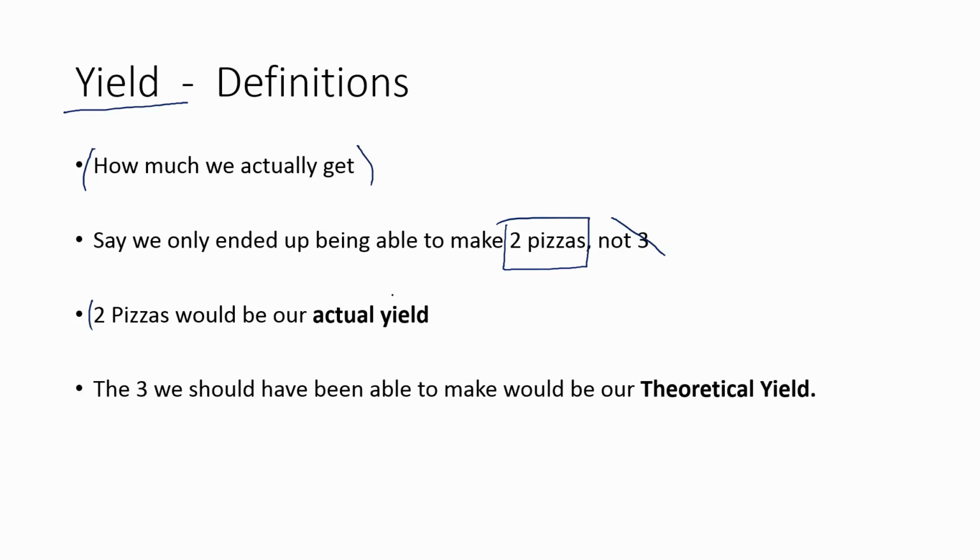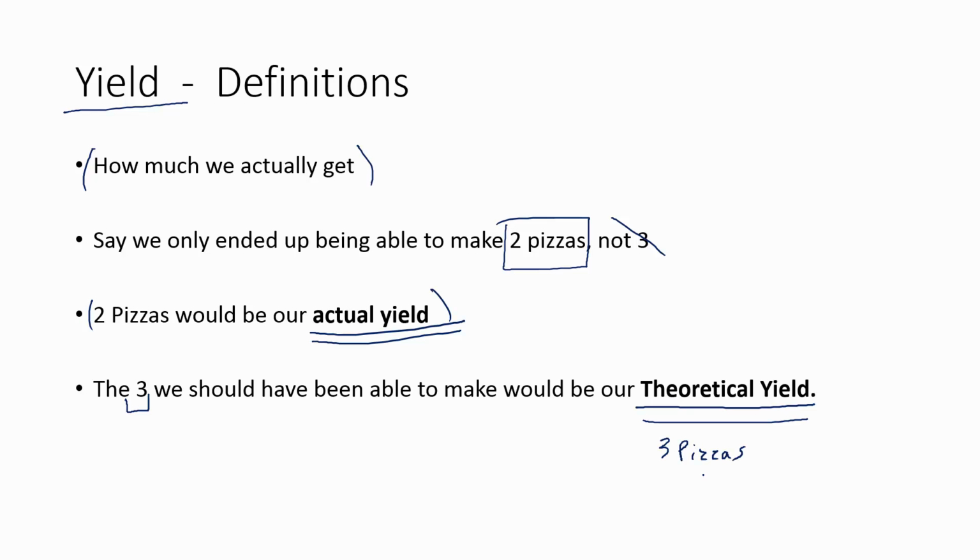Well, we would say that 2 pizzas are defined as our actual yield. And so if the actual yield is 2 pizzas, we can say that the 3 we should have gotten is our theoretical yield. If everything had worked out exactly as planned, we would have had 3. So 3 pizzas, theoretical yield.